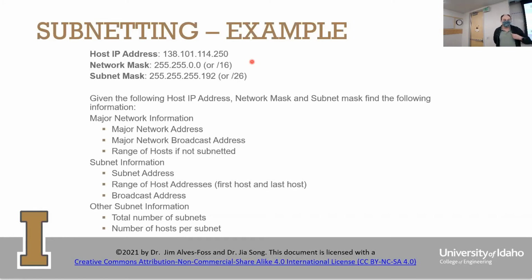You can have one, I can have one, he can have one. It's never shared to the internet. So we each can have 65,000 hosts inside our private internal network. And then the NATed router converts that to the one externally visible IP address, which saved the internet because we've been out of IP addresses for years.